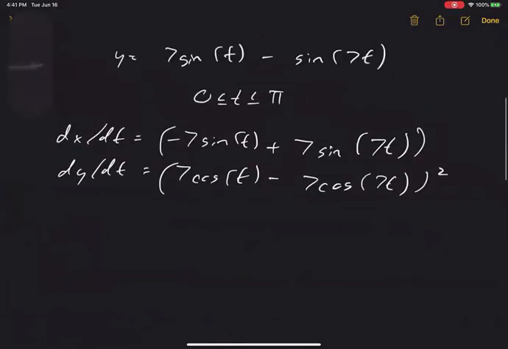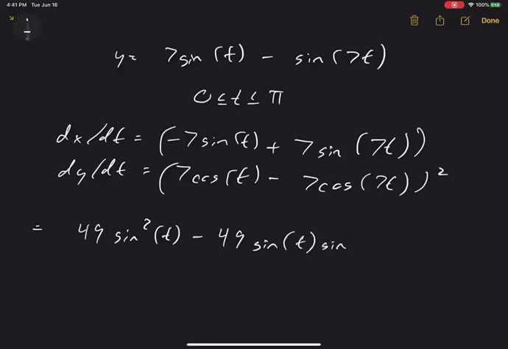So this problem's kind of a pain. It's got a lot of algebra in it, and a couple of trig identities. So when I square this, let's square dx dt first. That would give me what? 49 sine squared t minus 49 sine of t times sine of 7t plus 49 sine squared 7t.